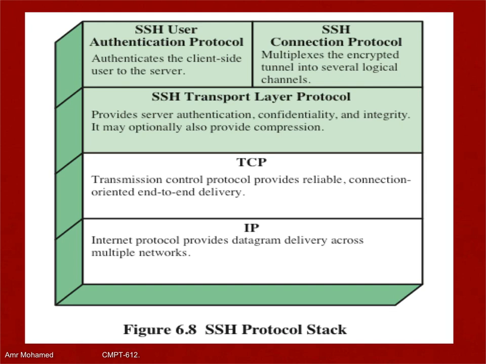The server has to authenticate itself to the client as part of the transport layer protocol, and that's also a significant difference. In TLS, the authentication of both the server and the client happens at the session level as part of the handshake protocol. Here, the authentication of the server has to happen as part of the transport layer protocol, and only the user authentication happens at the session level. And why is that?